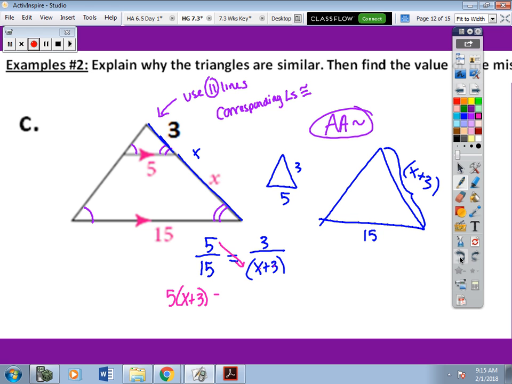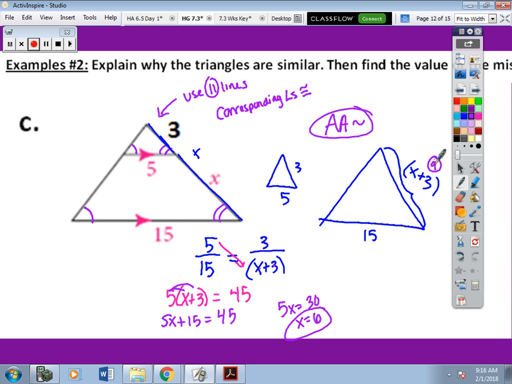Whoops, 45. And then just solve as you normally would. We should get x equals 6. And if you want, you can plug the 6 back in to get 9, and you would be able to verify that 5/15 is 1/3, and 3/9 is 1/3. So you can always check your work and make sure you did it correctly.